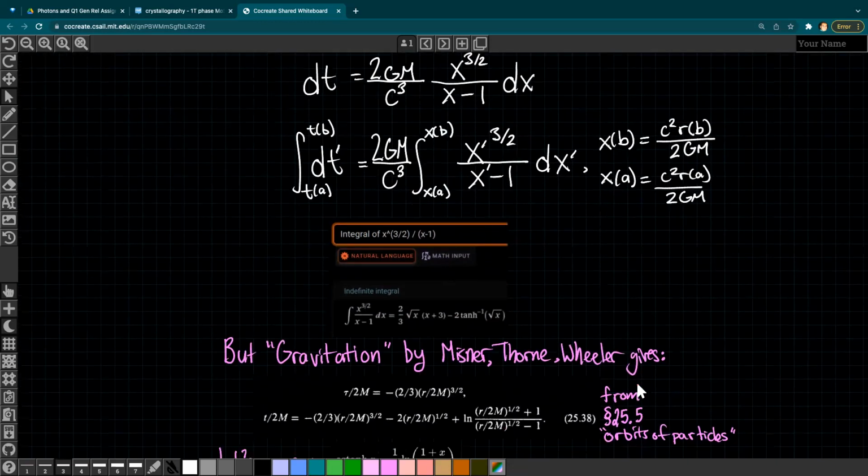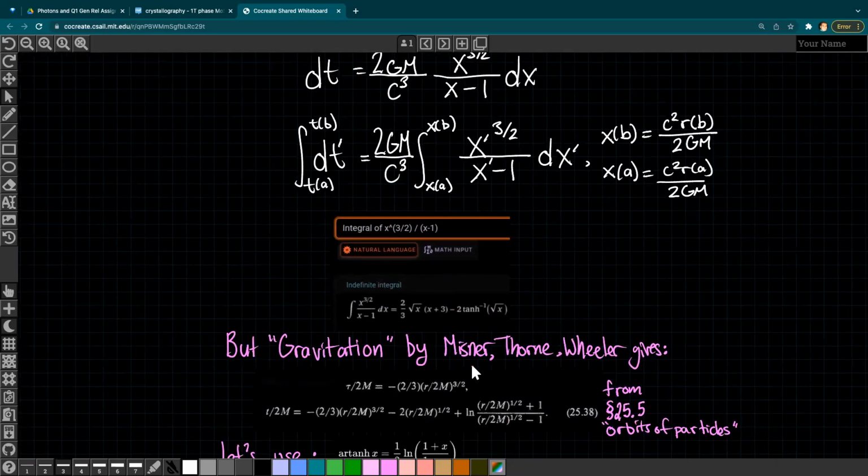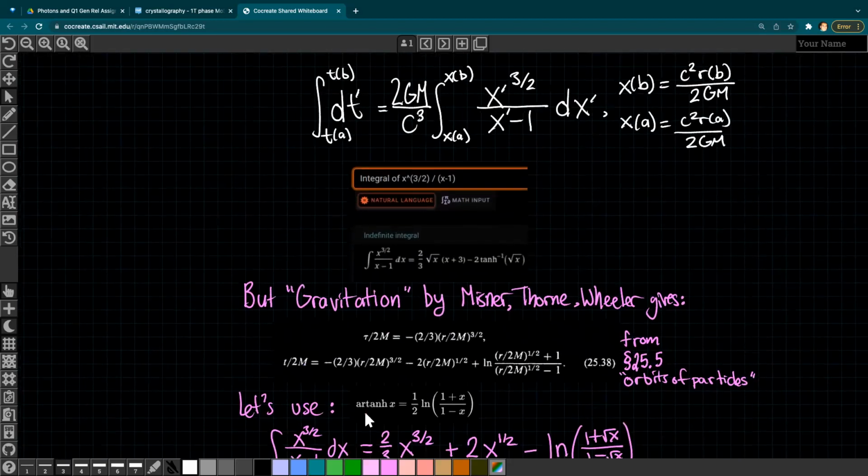I know from the book Gravitation by Misner, Thorne, and Wheeler, section 25.5, orbits of particles, we actually have this in terms of a logarithm instead of a hyperbolic arctangent. So we're going to use this formula here: the hyperbolic arctangent of x is equal to half times this logarithm.